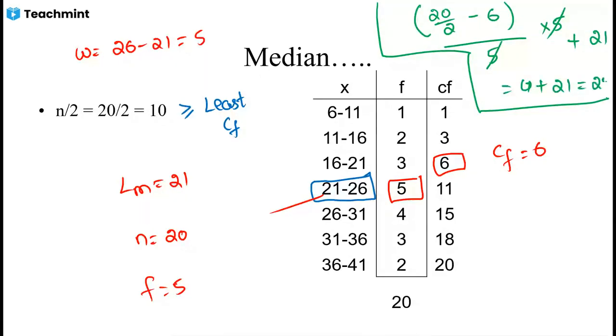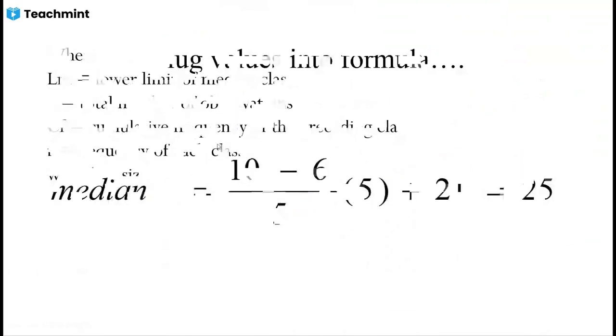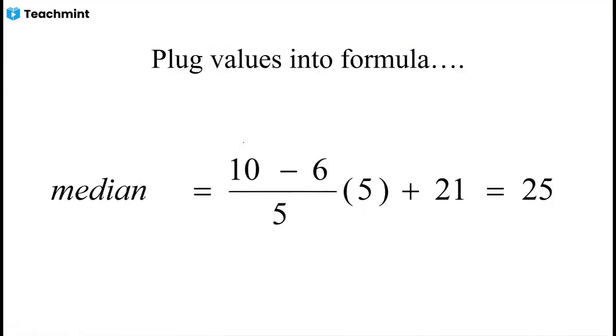For this question, I hope you got the median and mode both the same. We already calculated the mean, and now we got the median, which is 25. See the calculations in this slide: n by 2 minus CF divided by F into W plus LM. Total we got 25. Got it?